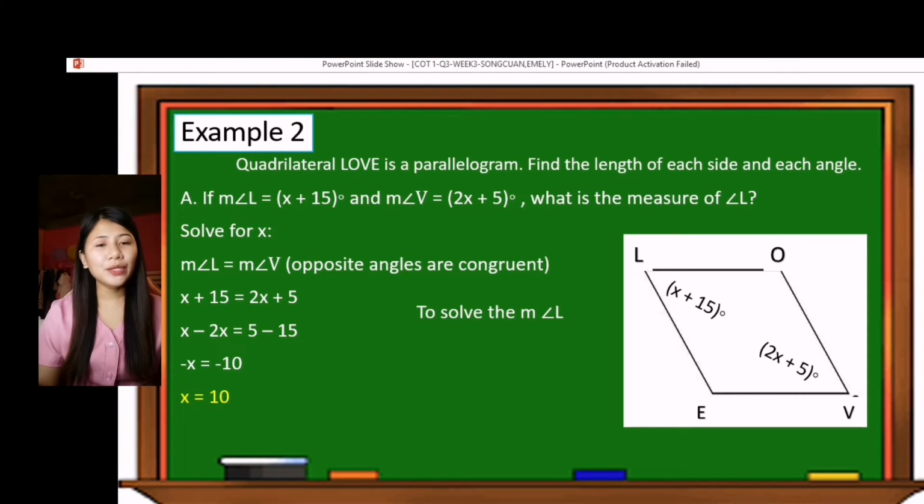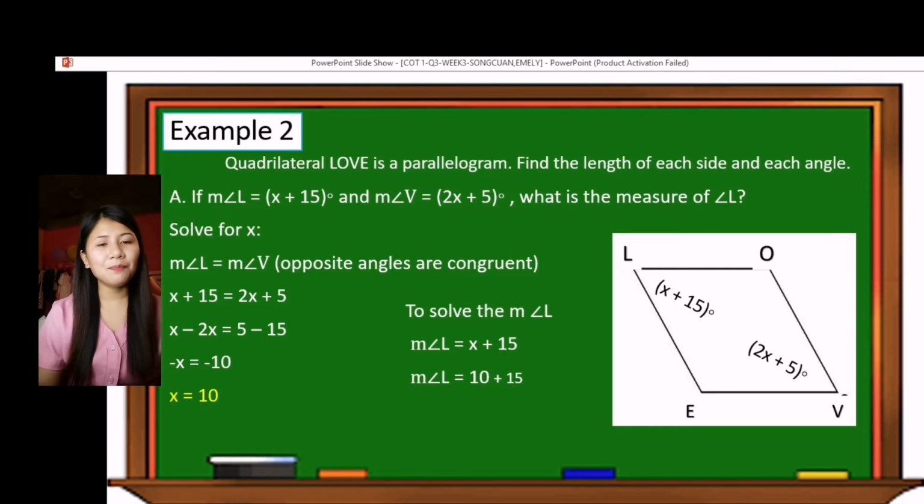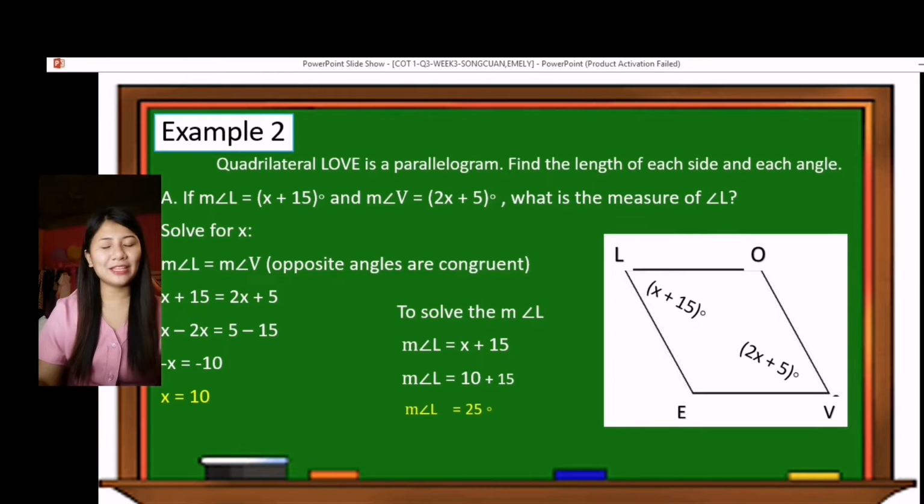Next, we're going to solve for the measure of angle L since we have the value of x. So measure of angle L is equal to x plus 15. Now, let us substitute the value of x, which is 10. So 10 plus 15, that is 25.